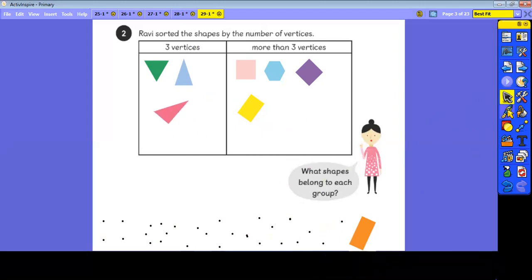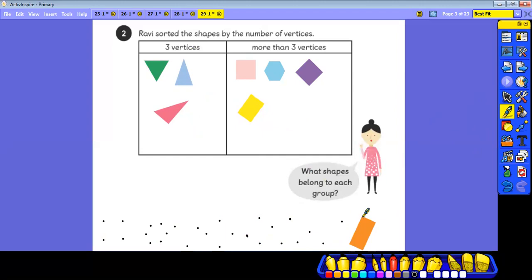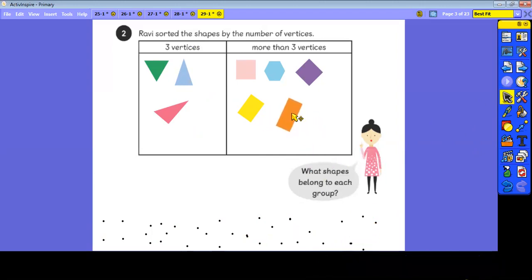And the last shape here. Count the vertices. 1, 2, 3, 4, and that one fits there. Okay, I'm just going to clear off all those dots from the screen, and we've helped Ravi sort the shapes by the number of vertices, haven't we? So that was another way we could have sorted those shapes from the In Focus task.